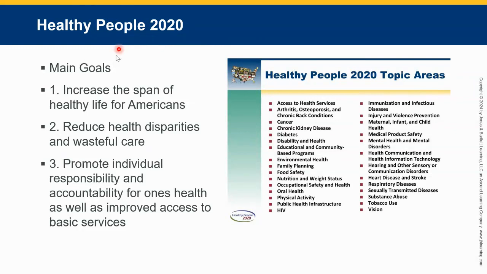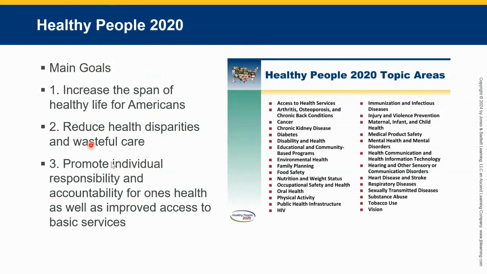And there are three main goals that we wanted to have achieved by the year 2020. Number one, increase the span of healthy life for Americans. And that occurred, that lifespan has increased. Number two, reduce health disparities. Still working on this.